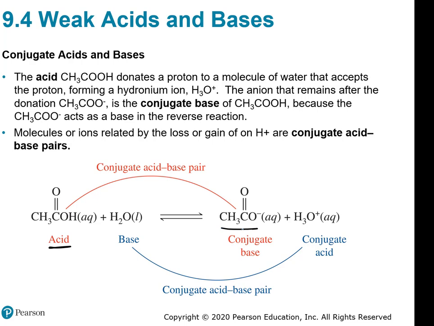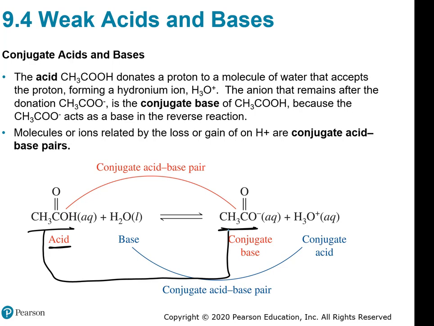Can you see those look a lot alike? CH3COOH doesn't look like H3O plus. So those two are definitely the most similar. So they're actually considered pairs. They're pairs because they either gained or lost a hydrogen ion.